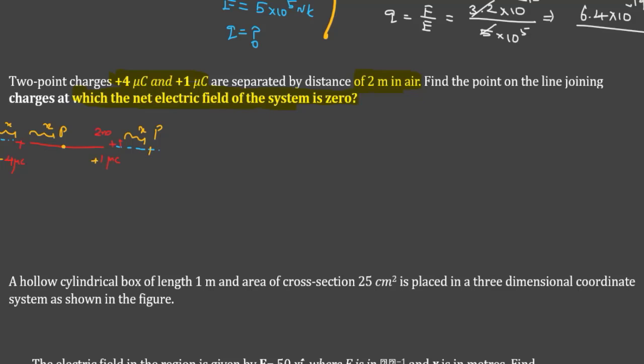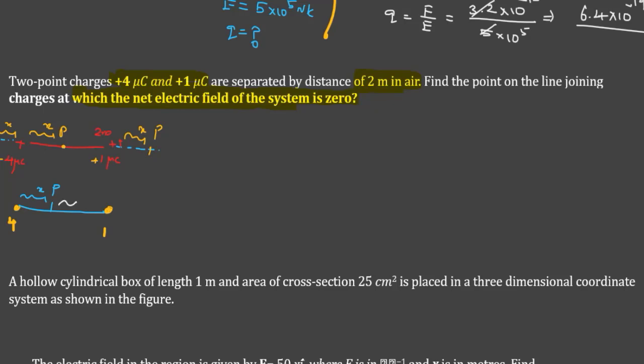So definitely the equilibrium point will be in the middle, based on the previous question number 8. So now we are going to take the equilibrium point in between. Suppose this is the point we have taken at distance x. This is 4, this is 1.